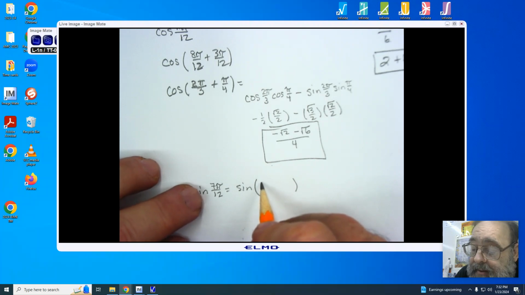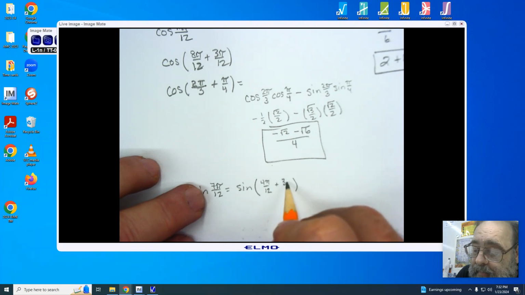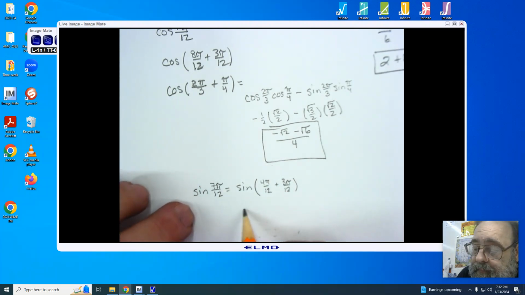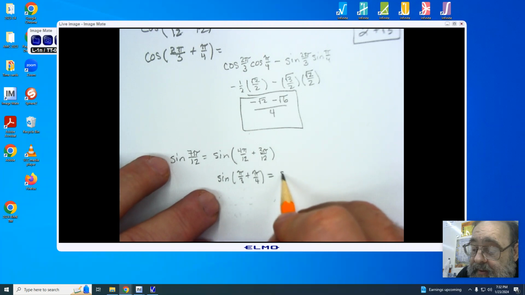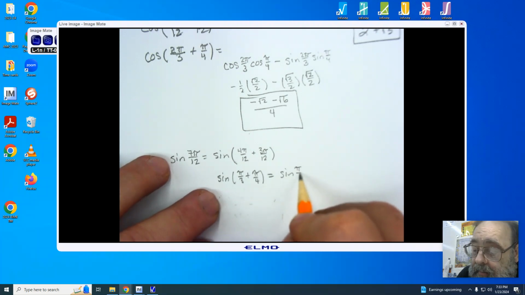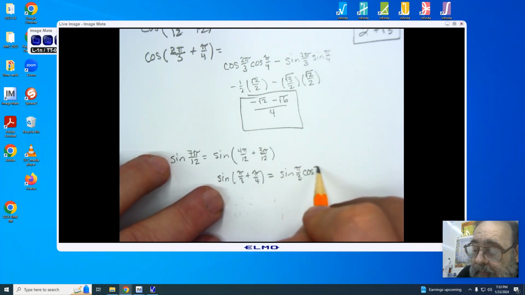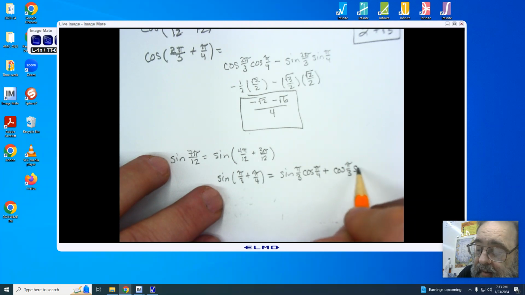So I'm looking at 4 pi over 12, and I'm trying to add 3 pi over 12. See how that gives me 7 pi over 12? Reducing it, I have pi over 3 plus pi over 4. Using my identity, I'm now going to have the sine of pi over 3, cosine of pi over 4, and then I have a plus cosine of pi over 3, sine of pi over 4.